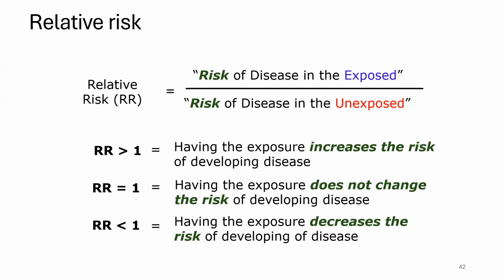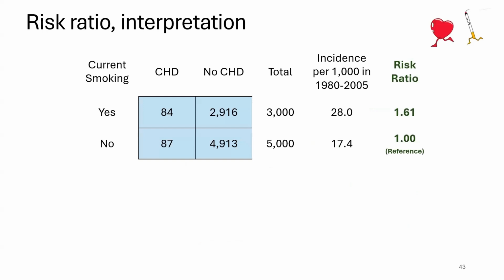That means that having the exposure doesn't necessarily modify the risk of developing that disease or condition. If your relative risk measure is less than 1, that means that having the exposure decreases your risk of later developing the disease. So it's a protective factor. So greater than 1, risk factor; less than 1, protective factor.